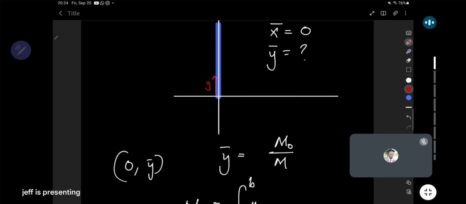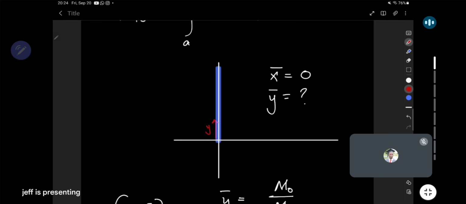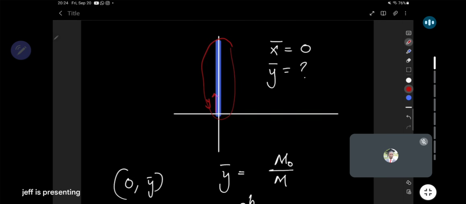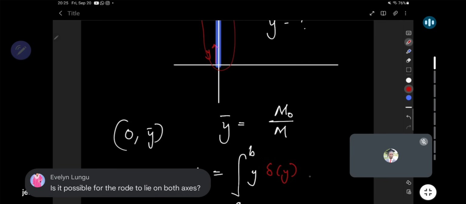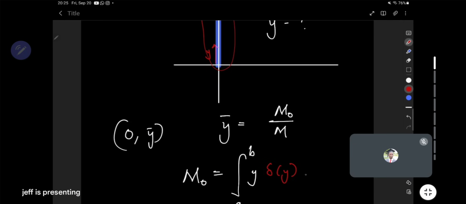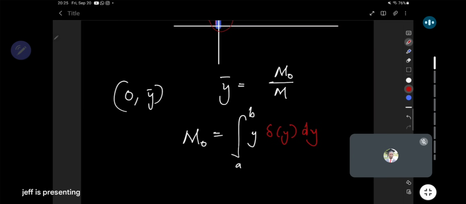So it will be y multiplying the density. Even the density, because this lies on the vertical axis, will be a function of y, and this will be integrated with respect to y. So basically, this is how we would approach it in this case.